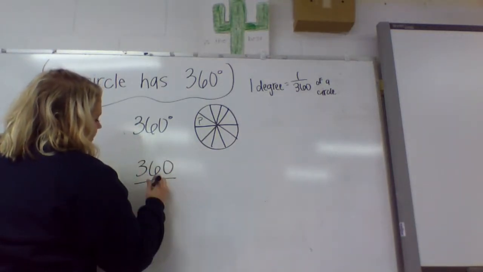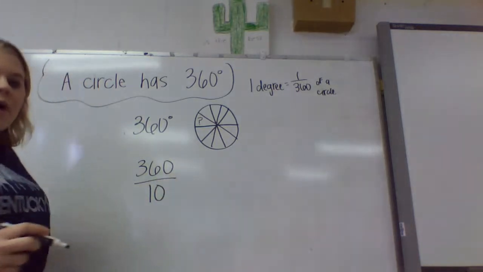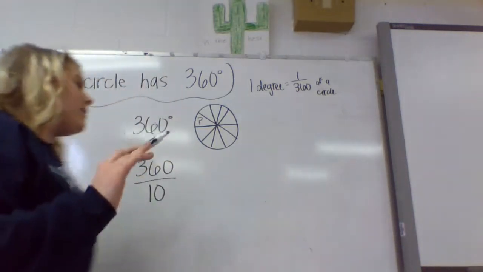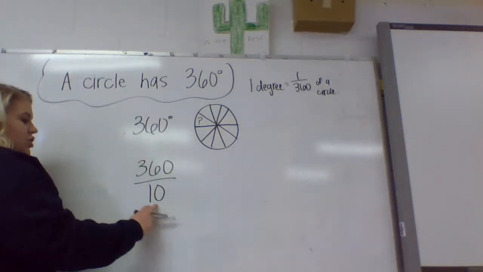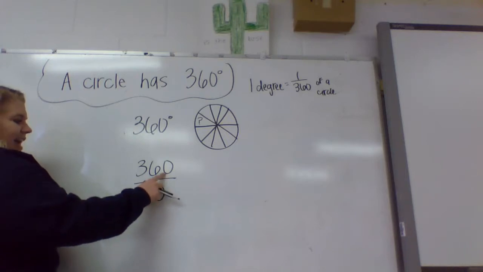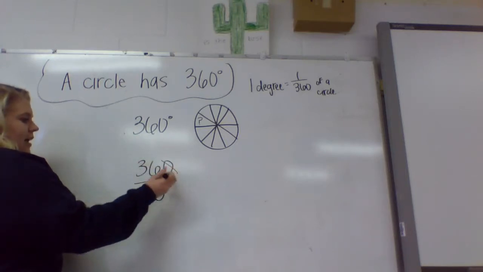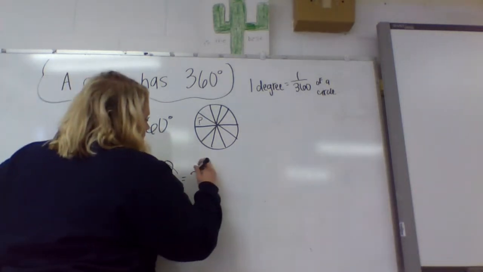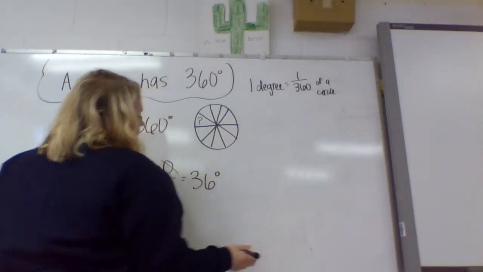360 divided by 10. This is a different way of looking at division than when we divided before. It's going to work for some of them because we didn't do 2-digit by 2-digit. But now, I can see that they both have a 0 at the end, so I can get rid of that. Now I'm going to do 36 divided by 1. Well, that's 36 degrees.